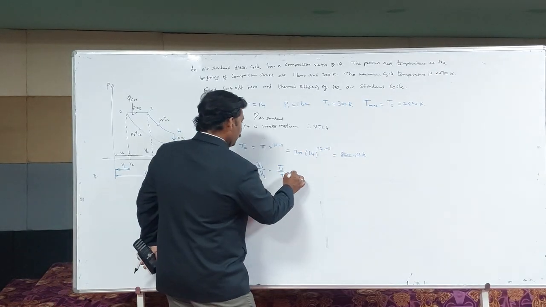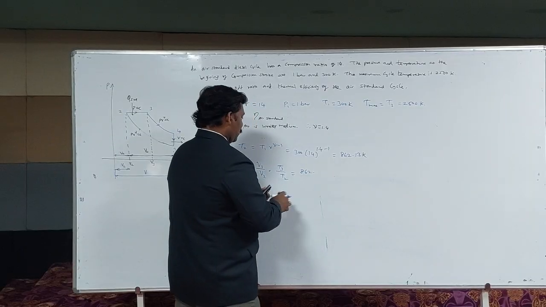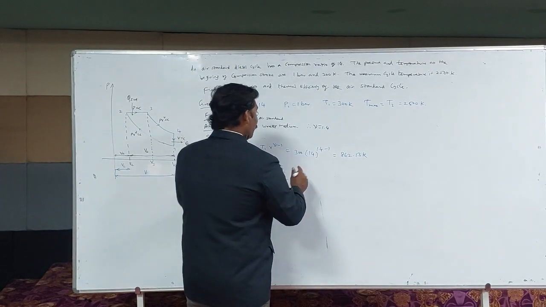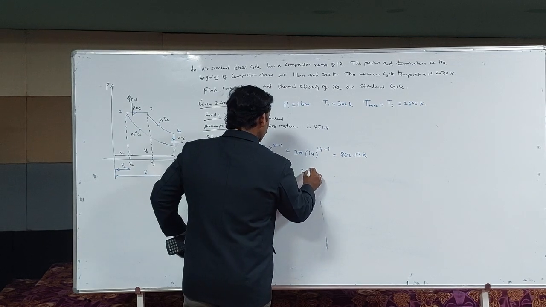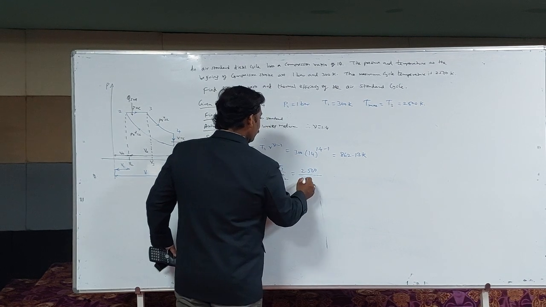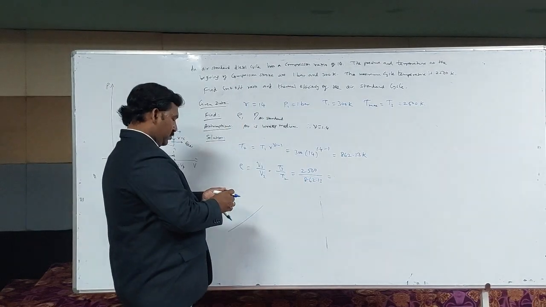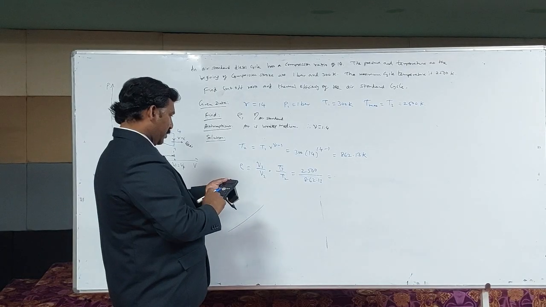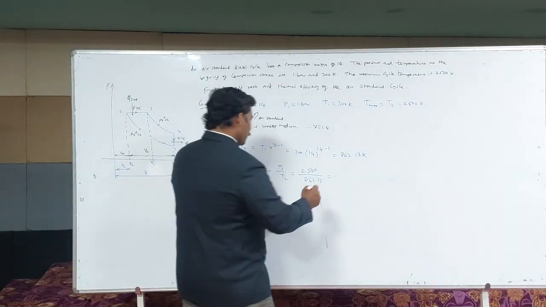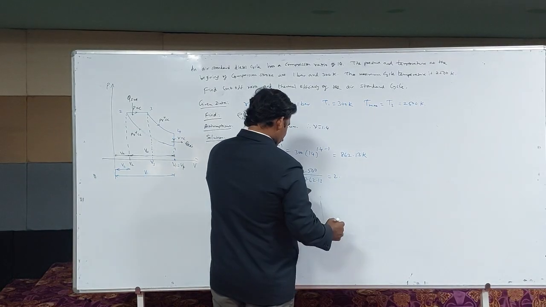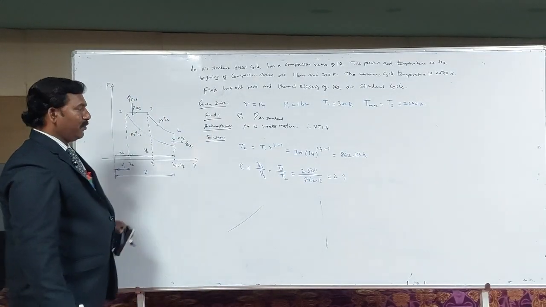T3 is 2500 Kelvin and T2 is 862.13, so 2500 divided by 862.13, you get 2.9. So this is the cutoff ratio.